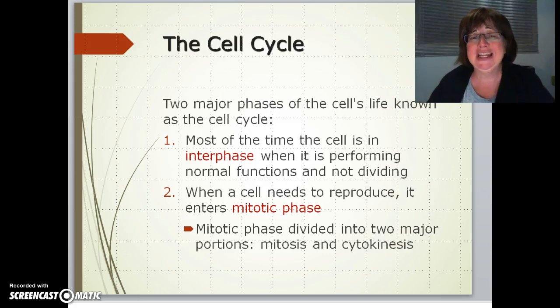When you look at the life cycle of a cell, it's called the cell cycle. Most of the time, the cell is sitting in a growth phase called interphase, performing normal functions. It's not dividing. When the cell needs to reproduce, it enters the mitotic phase, which has two portions, mitosis and cytokinesis.